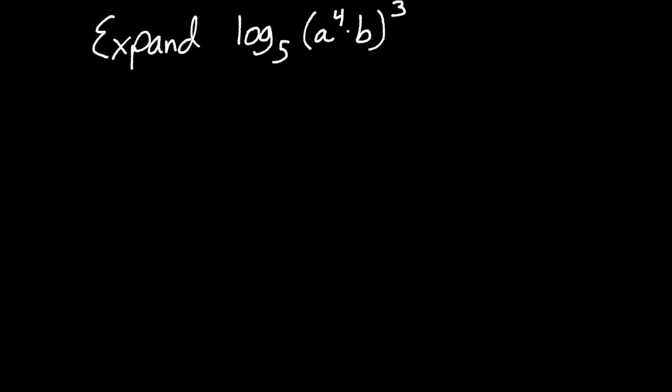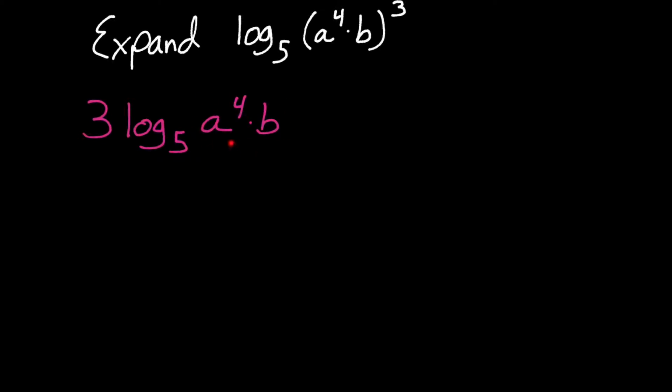So I'll first rewrite it as 3 times the log of base 5 of a to the 4th times b. So I've taken this exponent and moved it to the front. Now I have the product rule to take care of.